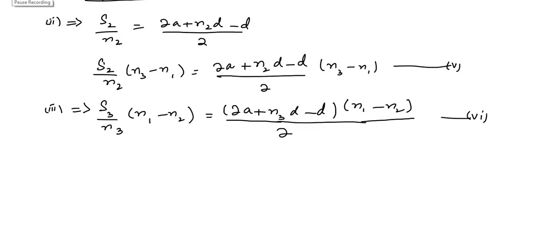Now we add equation number 4, 5 and 6. After simplification, we get 0. So this is what we had to prove, and you can do it easily.